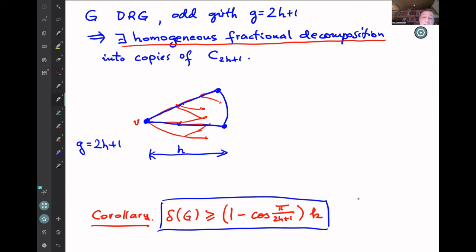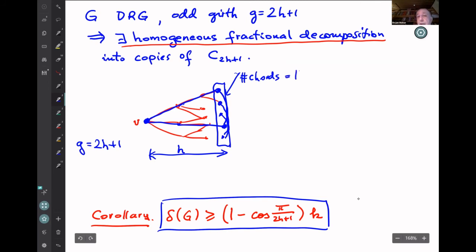Why would that be? Well, if you look at the distance partition of your graph, you know that distance regular means, in particular, that it's a regular graph. So you can count the number of these chords here, which is equal to the number of the cycles of length 2h plus 1 containing v.